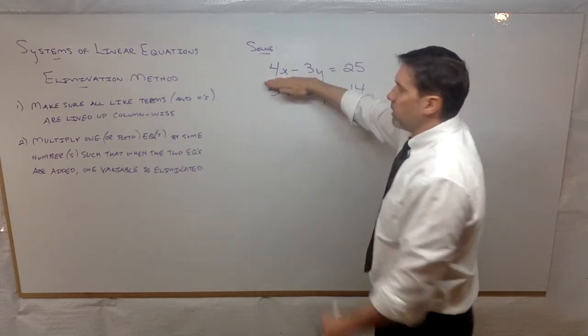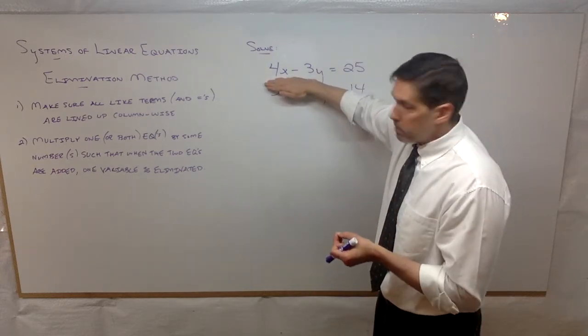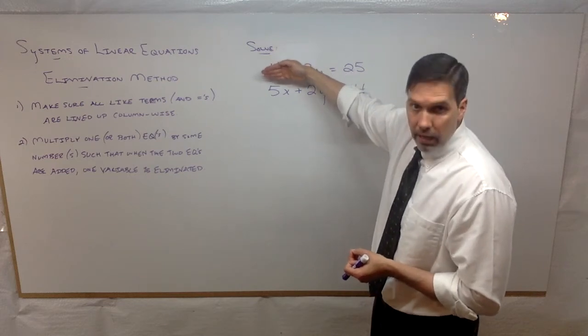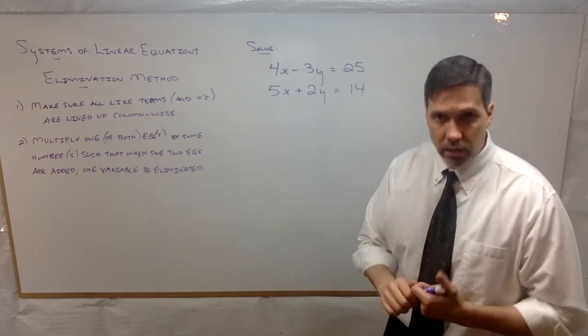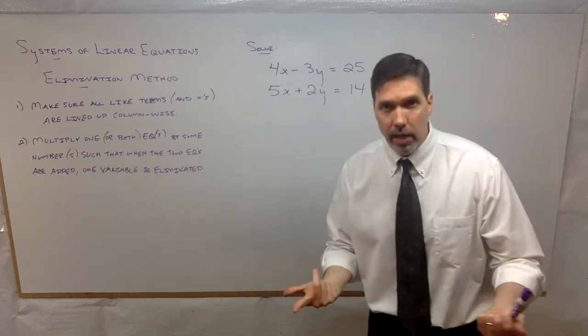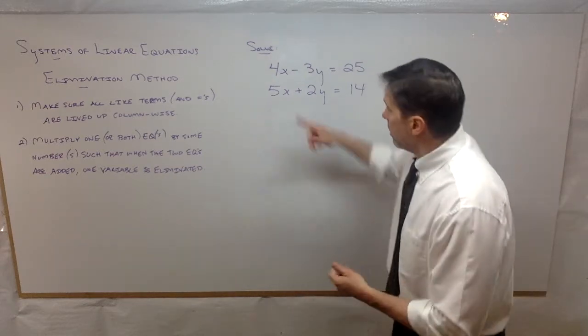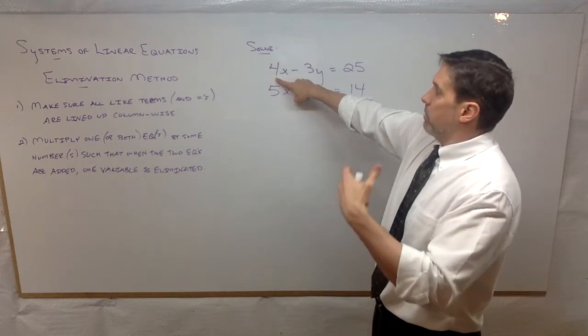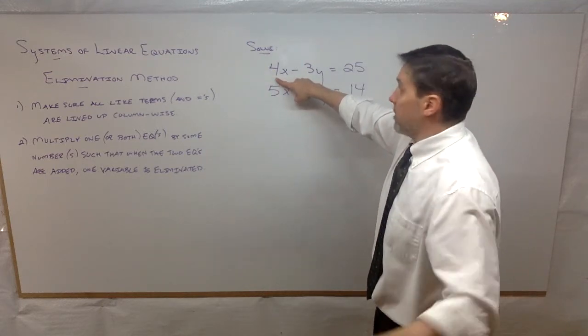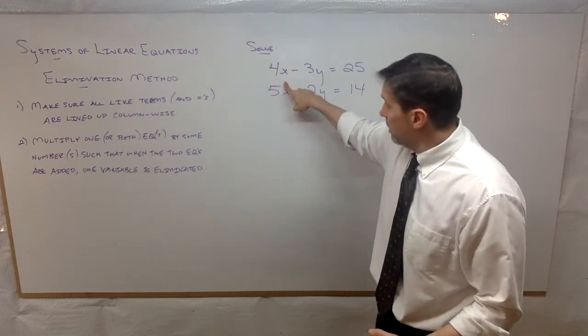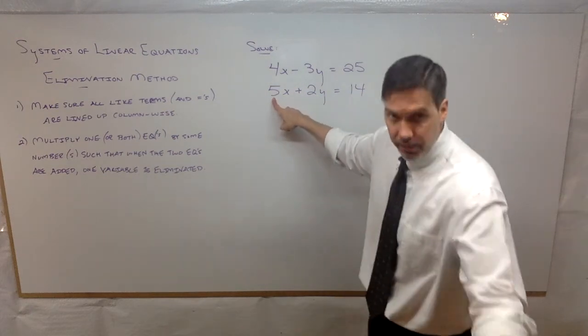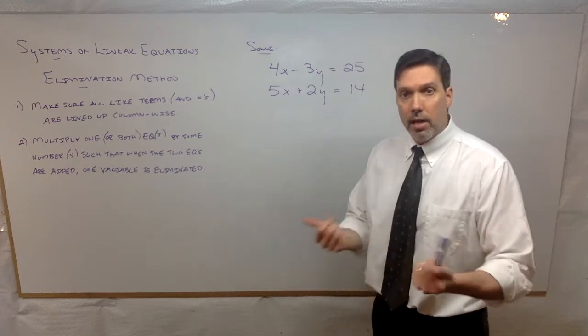If I multiply the top equation by 5, and the bottom equation by -4, I would get a 20x and a negative 20x, and those would cancel out. Now, there's other numbers I could use. Like, for example, I could multiply the top equation by 10 and make a 40x, and the bottom equation by a -8 and make a negative 40x, and that would work as well.